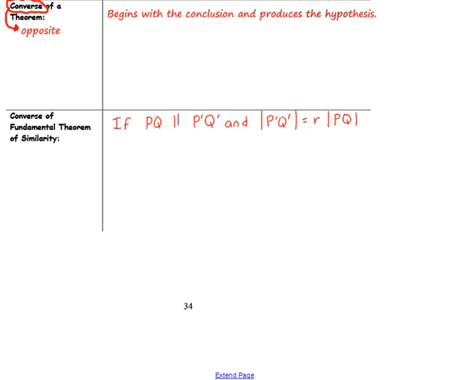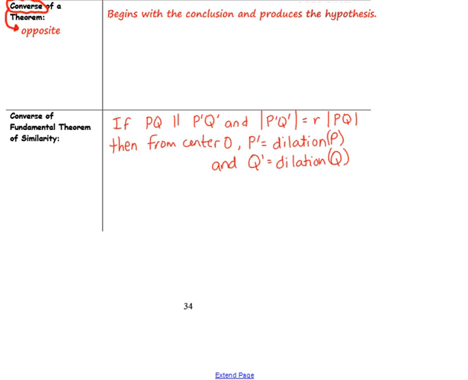If this is true, then from center O, P prime is the dilation of P, and Q prime is the dilation of Q. Then we would know that the length of OP prime is equal to the scale factor times the length of OP.